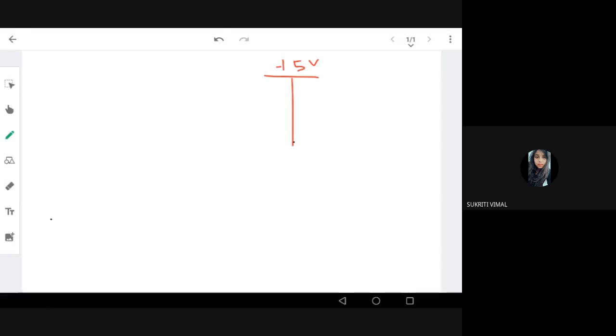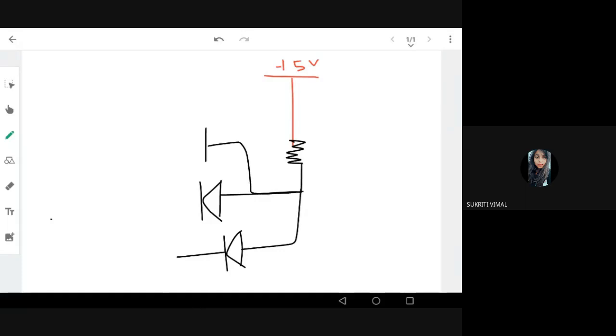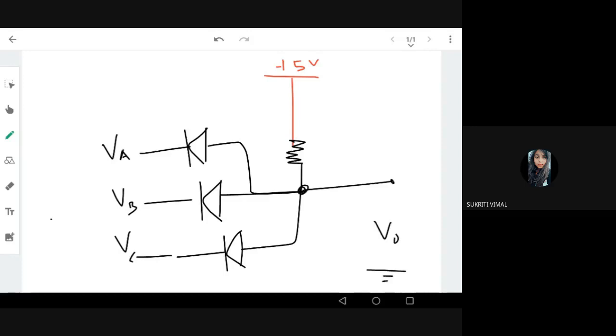You can increase the number of diodes, and have VA, VB, and VC, and you will be asked what the output is here.